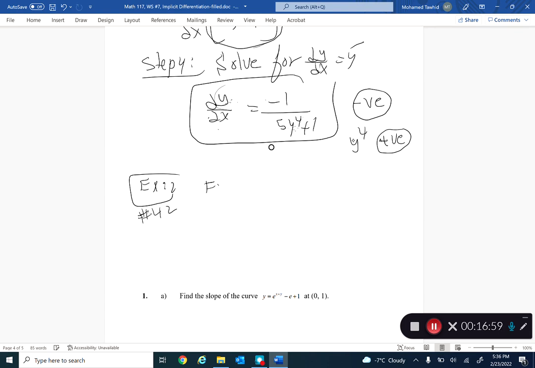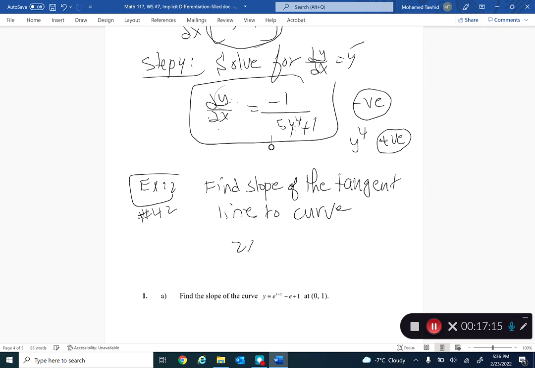They ask you to find the slope of the tangent line to the curve. What is the curve here? You have 2x squared plus xy equal 3y squared at -1 and 1.